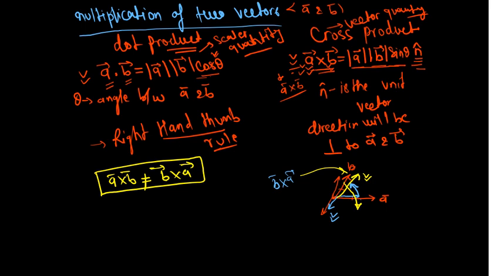Next case: let's suppose there is no angle available between these two vectors. Let's suppose A vector is i plus 2j, and B vector is 2i plus j. Okay, k is not available here, no issue.